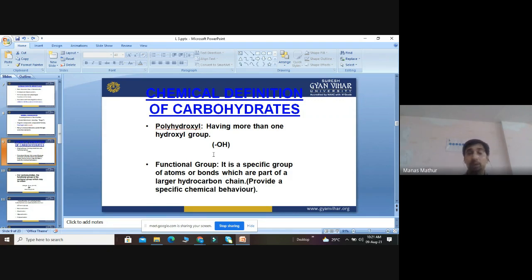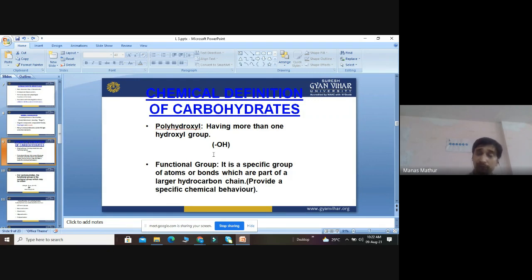Suppose we are talking about acid. In the acid, we have the functional group COOH because it is specific for its chemical behavior. Suppose we discuss phenol. Phenol has what? A hydroxyl group, that is OH. So the functional group of phenol is OH. Suppose we discuss aldehyde, for example acetaldehyde, CH3CHO. So the functional group of aldehyde is CHO.